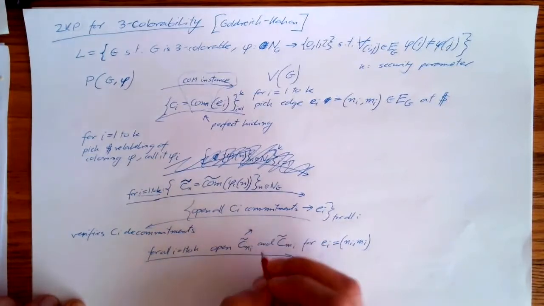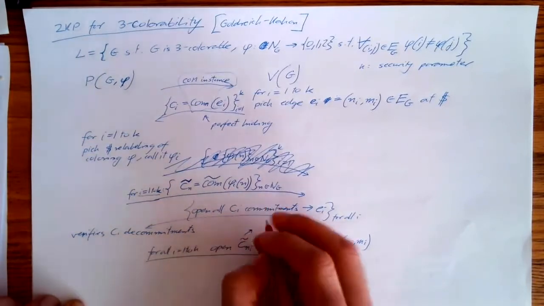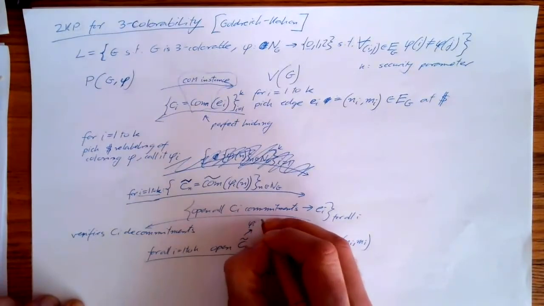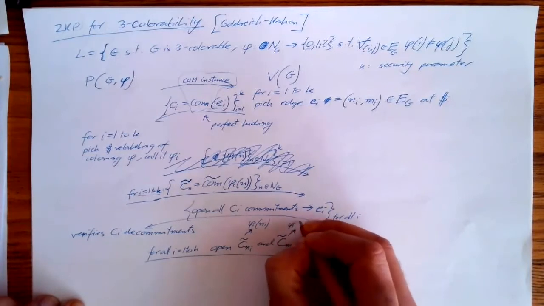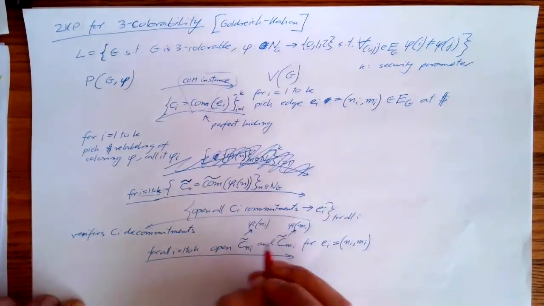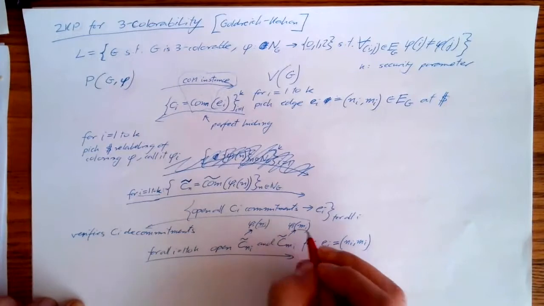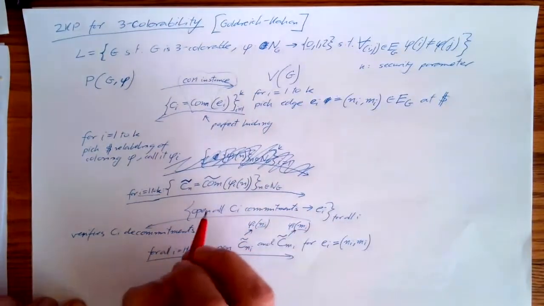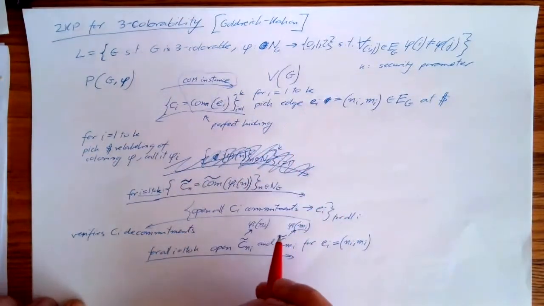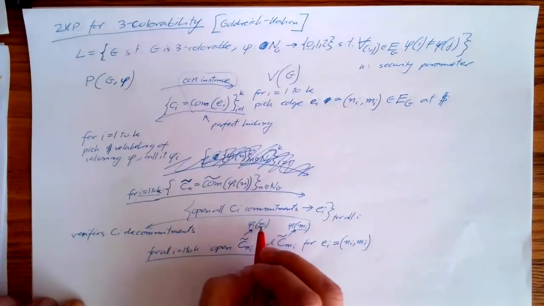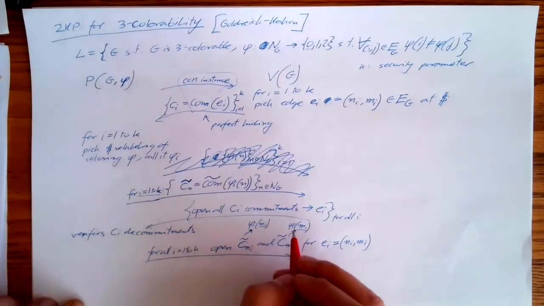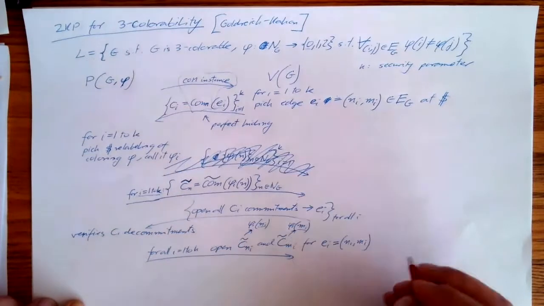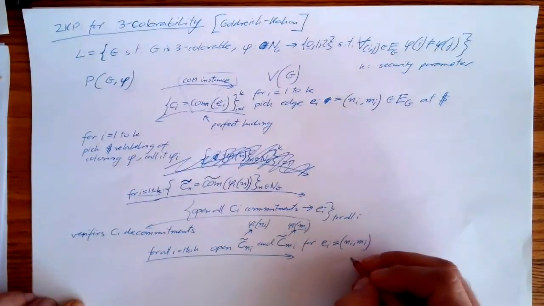This opens to phi I of N I, and this opens to phi I of M I. In other words, the edge chosen by the verifier on that instance is an edge between N I and M I, and the prover decommitted to the labeling of the two nodes. So what does the verifier do?